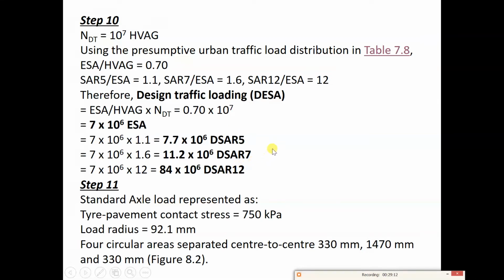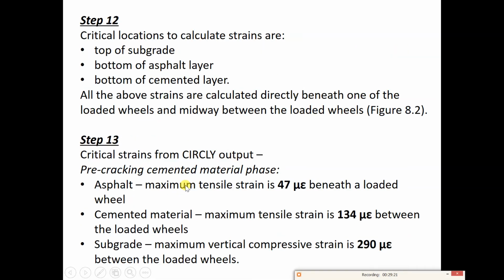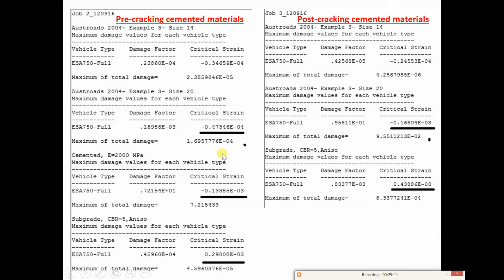Later on, we need to compare the allowable SAR, standard axle repetition, for the various layers. Okay, we just proceed. From the first, we find the pre-cracking cemented material. So pre-cracking, we have 47, 134. For the asphalt, it's 47 microstrain, and for cemented material, it's 134 microstrain, and subgrade is 290 microstrain, which is from here.